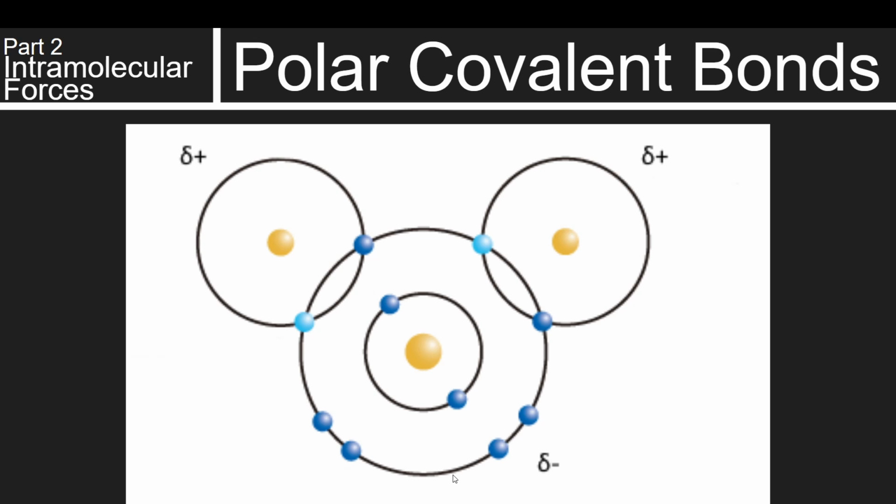So the oxygen has a partial negative charge, while the hydrogens have a partial positive charge, because the distribution of the electrons is uneven. They're all clustering towards the bottom side of the molecule, towards the oxygen. Because they're not even, there's a partial positive towards the top side in these empty spaces.